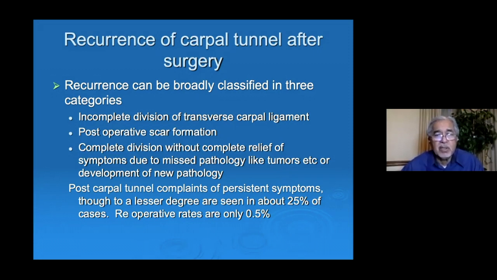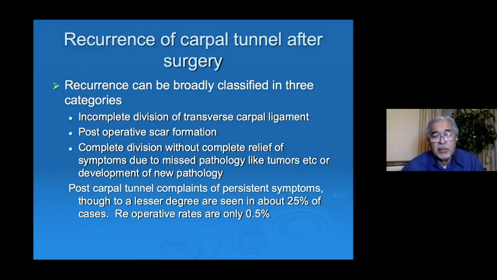Complete division without complete relief of the symptoms can be due to missed pathology, like tumors may be missed, aggressive tenosynovitis may be missed, or some kind of abnormality there which we are not addressing, which can cause a continuation of symptoms despite a complete division.